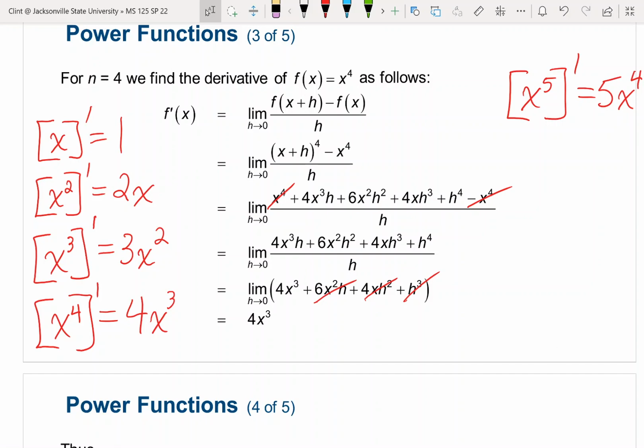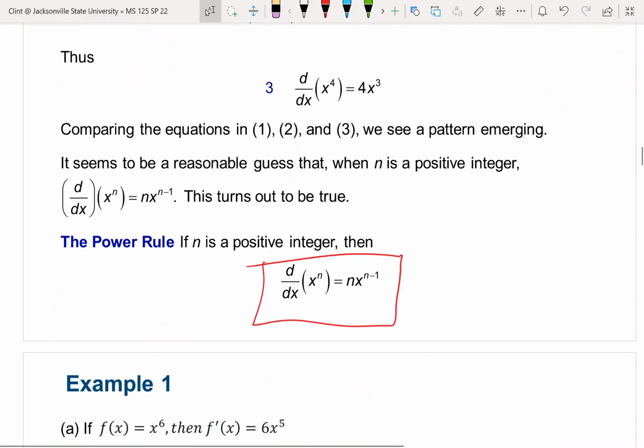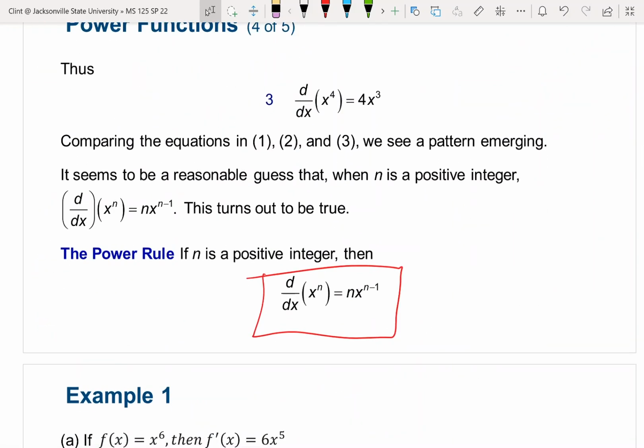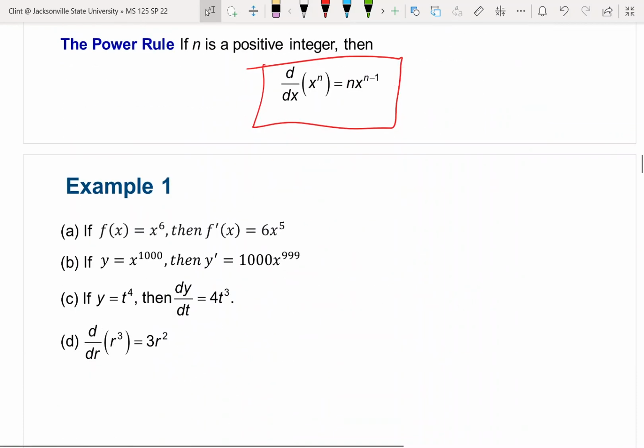Our statement on this slide says that from x to the n, we can find that derivative if n is a positive integer. We're about to expand that, but let's look at a few more examples.